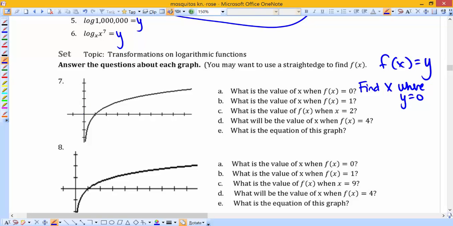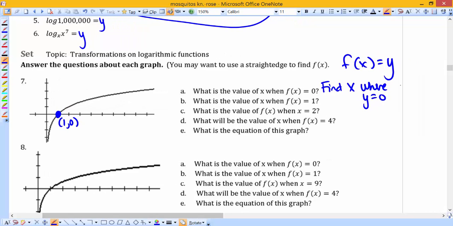So I go to y equals 0. Okay, here is where y equals 0. And then the x is right here. So this is the point 1, 0. Y is 0, x is 1. So my answer to A is x equals 1.